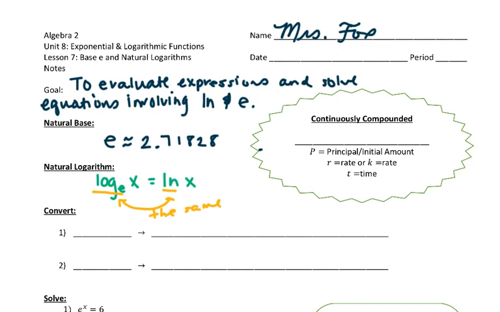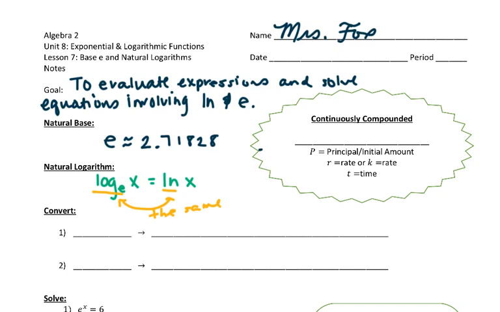Instead, it continues to grow continuously instead of at the end of every month or twice a year or 4 times a year. If it's bacteria, it's natural for it to continue to grow. So that's when we're going to use these formulas.